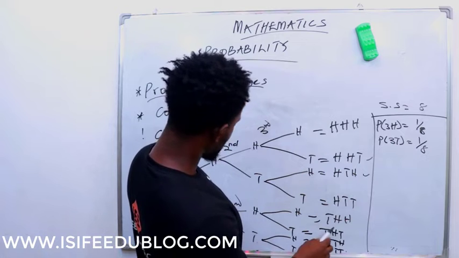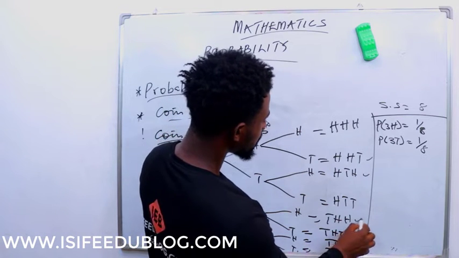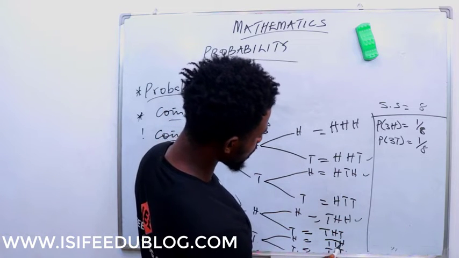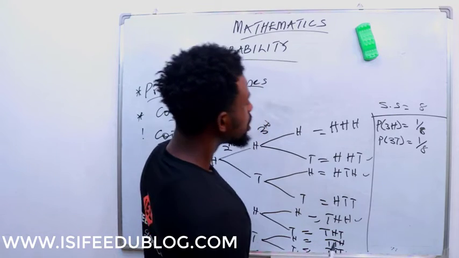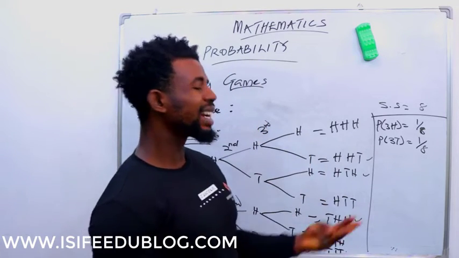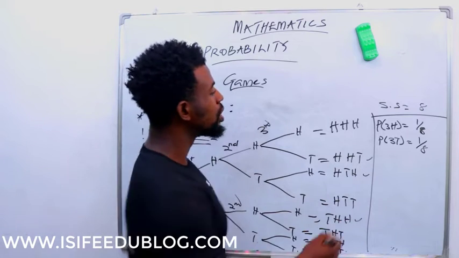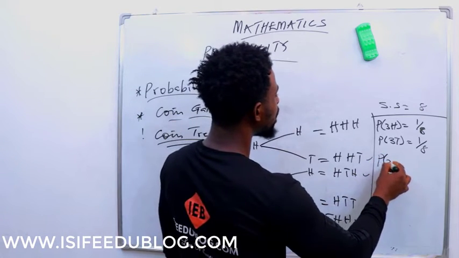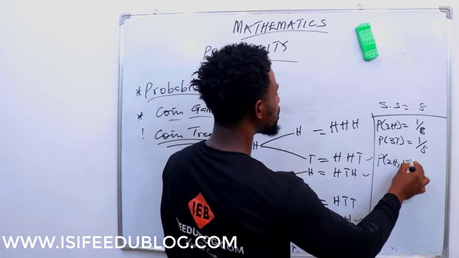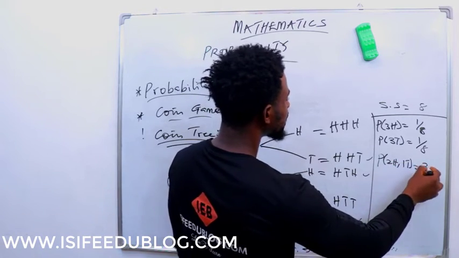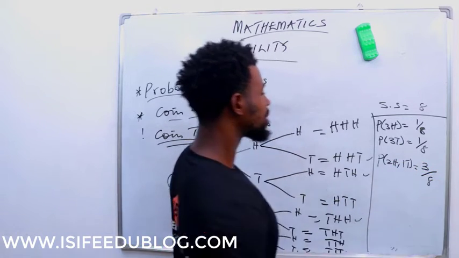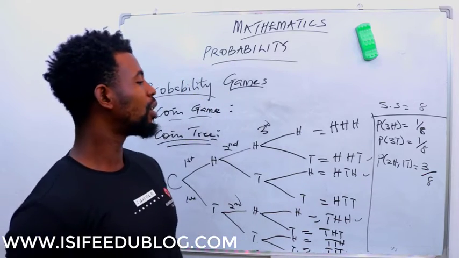Here, this is 3. Where else do we have 2 heads and 1 tail? Okay, so we have 3 events that contain 2 heads and 1 tail. So the probability of 2 heads and 1 tail is 3 over 8.